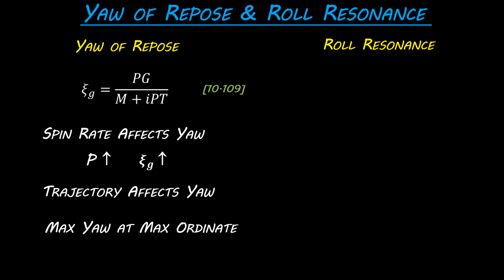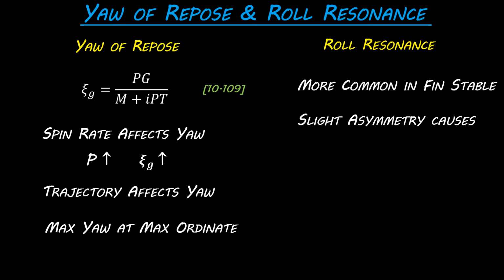So we end up with this potential for roll to happen and a roll resonance frequency as we interact with the air. This is something that's much more common in fin stabilized projectiles, because we're adding those extra forces onto the sides. A slight asymmetry can cause an angle of attack change on our projectile.